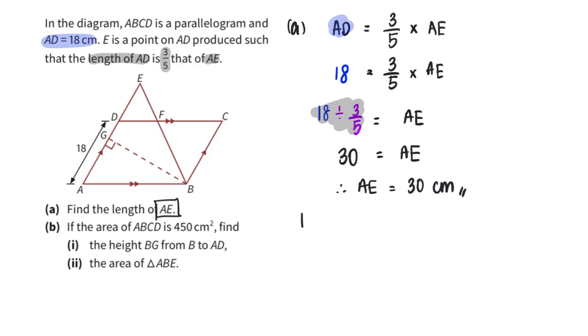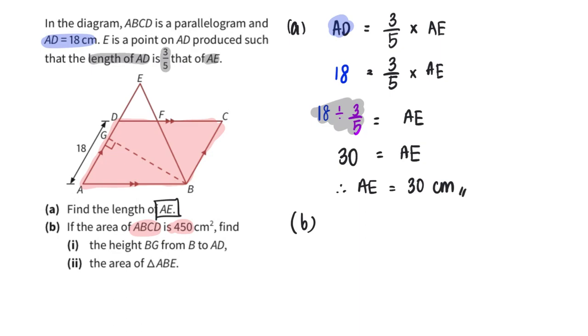B. They give me the area of ABCD as 450 cm square. That means this parallelogram, the area is 450.